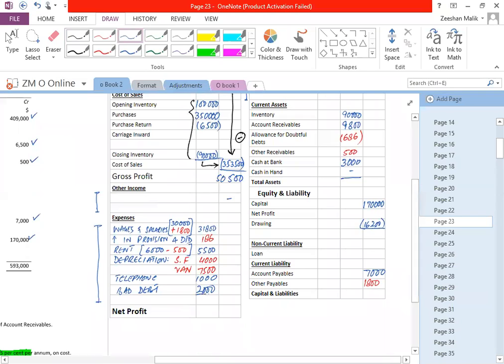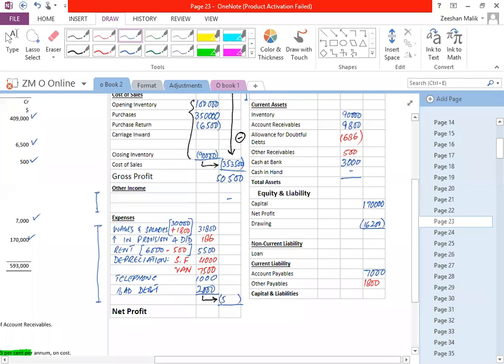Now you are supposed to take the sum of all expenses and drag them here. All expenses transferred here. 31,800 plus 186 plus 5500 plus 4,000 plus 7,500 plus 1,000 plus 2,000.